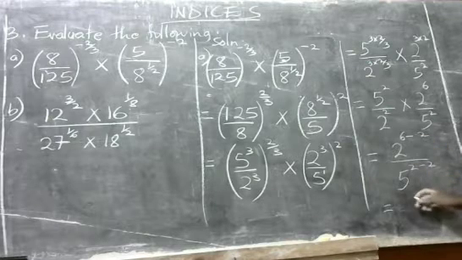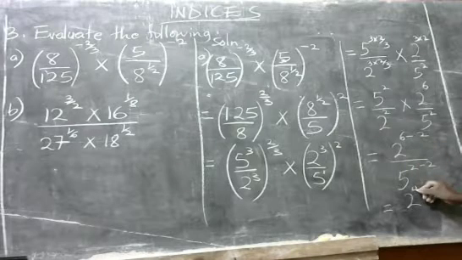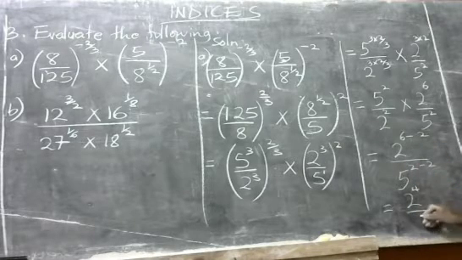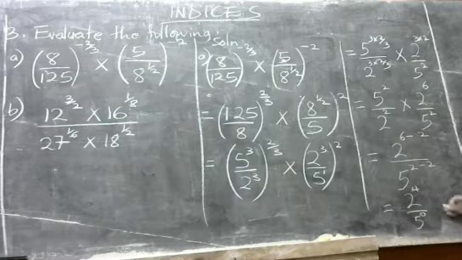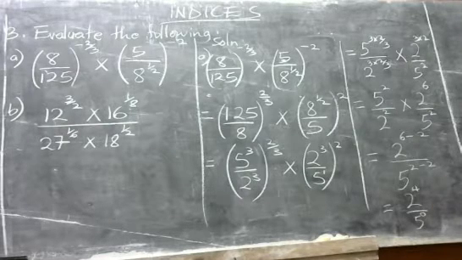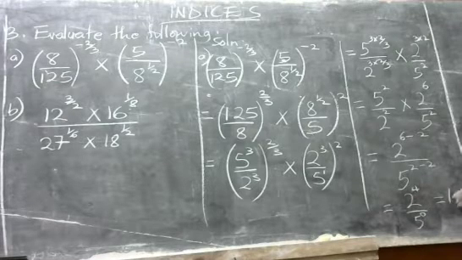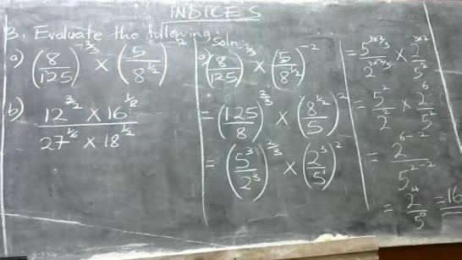So this one here is going to be the 2 power 4 all over 5 power 0. We say any number power 0 is a 1, and then 2 power 4 becomes a 16. They told us to evaluate. They need the actual value, which is that one there.